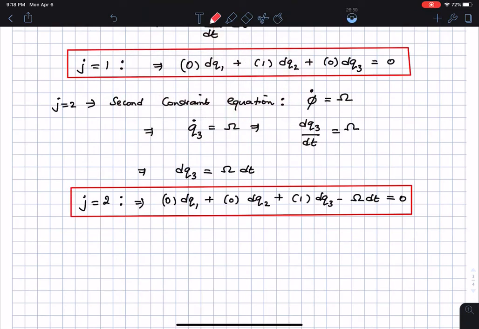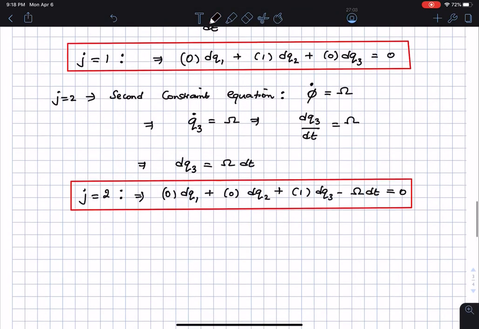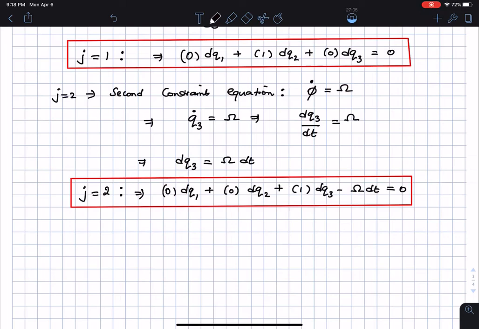Okay, so we have these two constraint equations, and we can say by inspection that these are holonomic constraints, or you can do the test for integrability to prove that they are holonomic constraints.